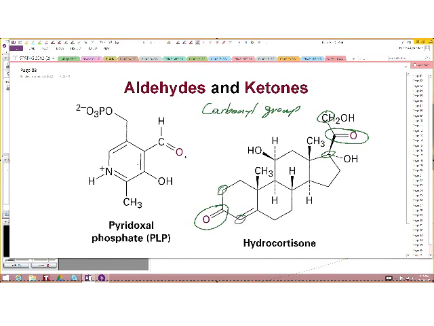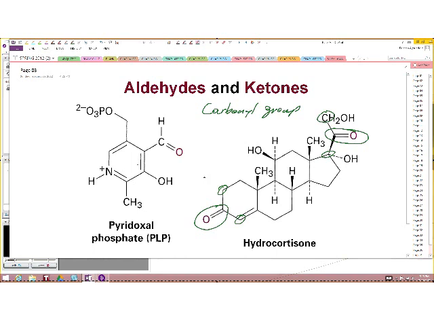Now I show you these two molecules here to let you know the importance of aldehydes and ketones in our everyday life, particularly with regard to the metabolic activities in our body. These two molecules here are pyridoxal phosphate and hydrocortisone.